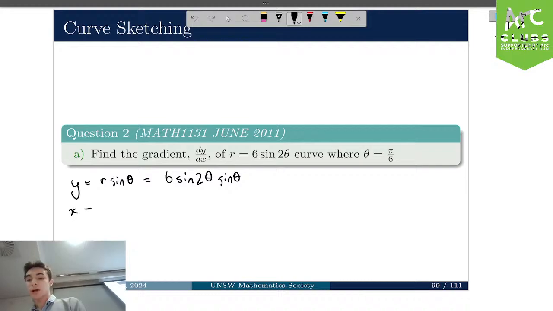And x, likewise, is just r cos theta, which is equal to 6 sine 2 theta cos theta.